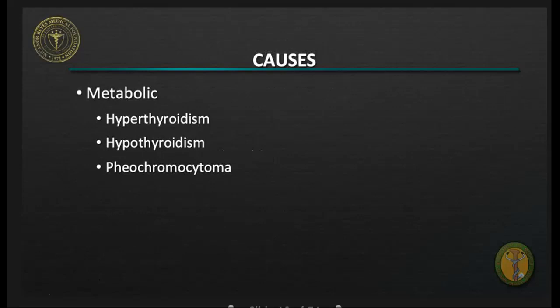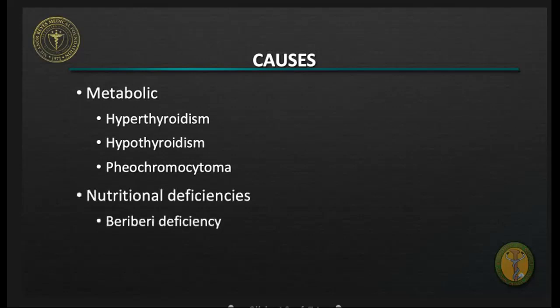Pheochromocytoma is a rare catecholamine-secreting tumor which is derived from the chromaffin cells. Nutritional deficiencies such as beriberi is a deficiency in vitamin B1 or thiamine. And hemochromatosis is a condition wherein there is iron overload, which is usually genetic. So these can all cause dilated cardiomyopathy.